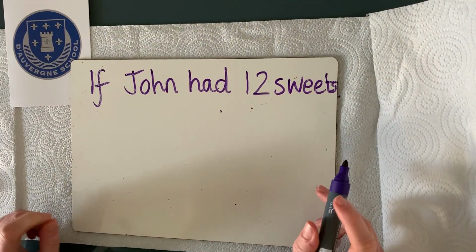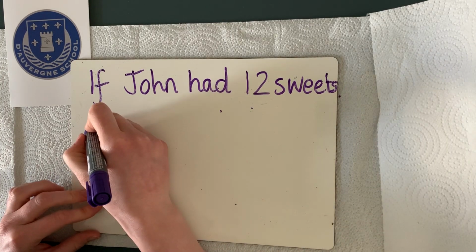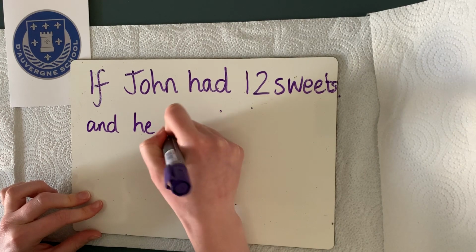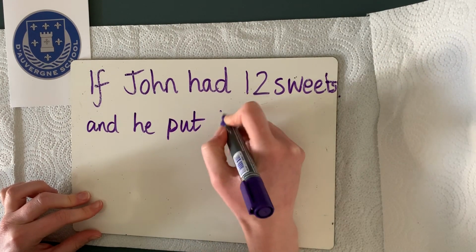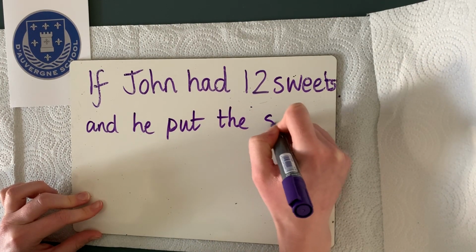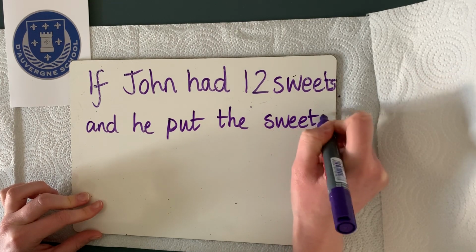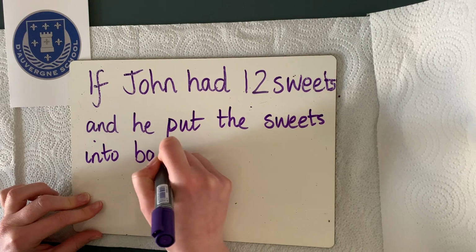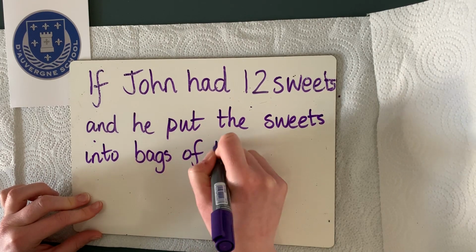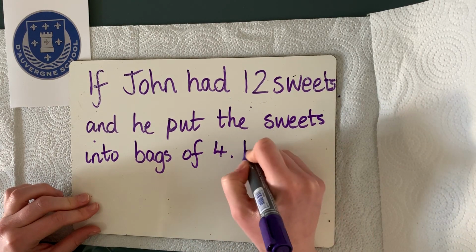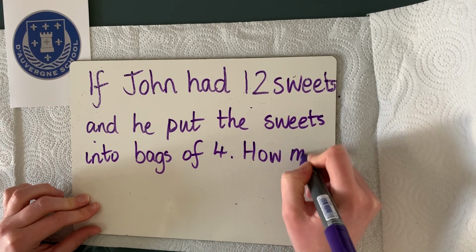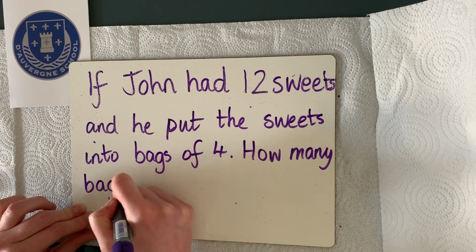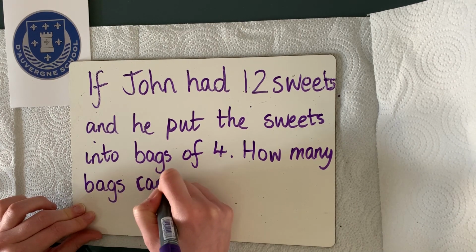So he's got 12 sweets and he is putting his sweets into bags of 4. What we have to work out is how many bags will he be able to make.